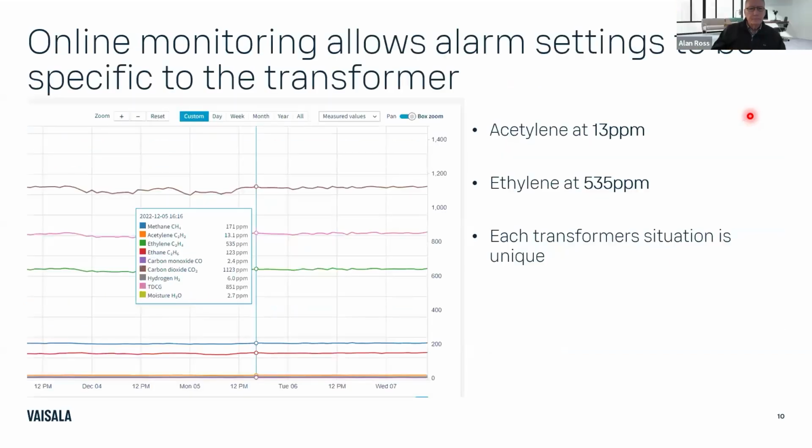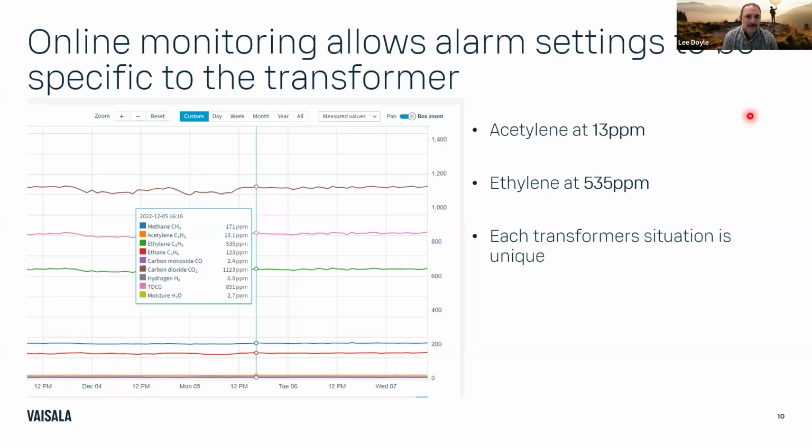Excellent. Yeah, I wanted to put a fine point on what you just said there, Senya, which is that the standards are helpful. They give you a value to start with, especially when you have a brand new transformer.